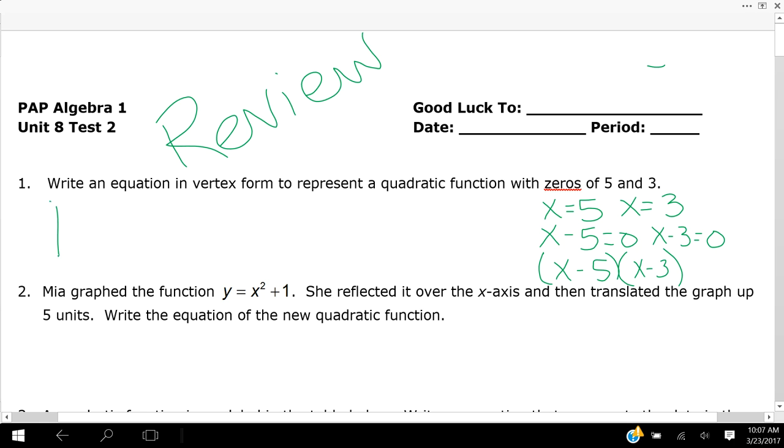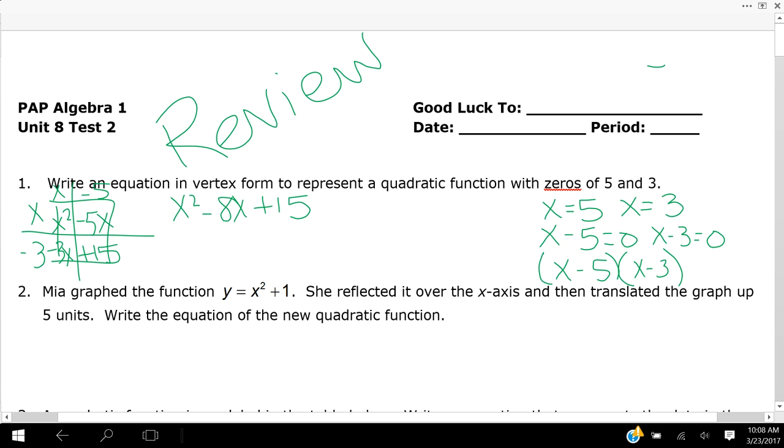If I do the box method, I have x minus 3, x minus 5. I multiply and I get x squared minus 3x minus 5x plus 15. So I end up with x squared minus 8x plus 15.